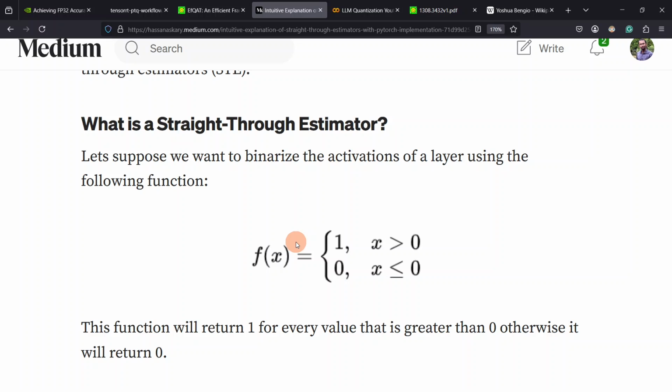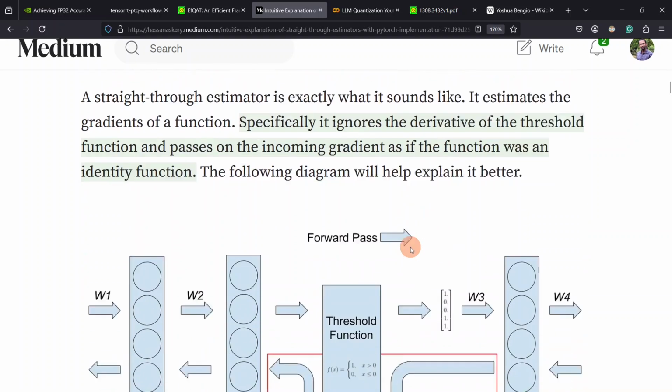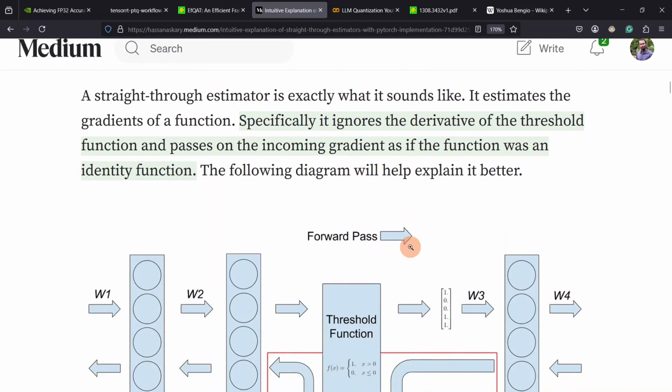Let's suppose we want to binarize the activations of a layer using the following function. The function will return 1 for every value that is greater than 0, otherwise it will return 0. This is similar to the quantization operation since you are reducing the precision of the output activations. As mentioned earlier, the gradient of this function is 0.